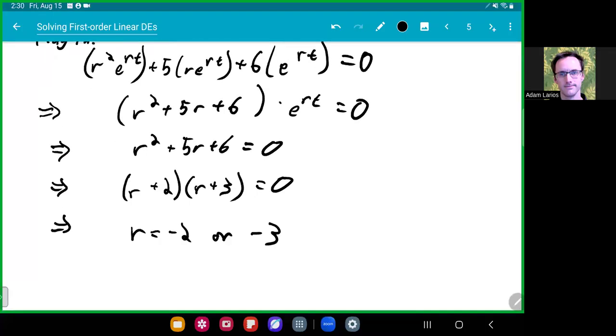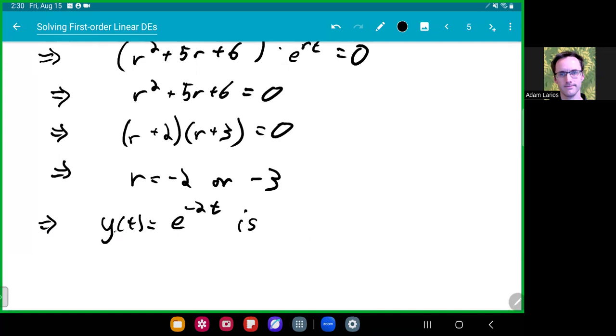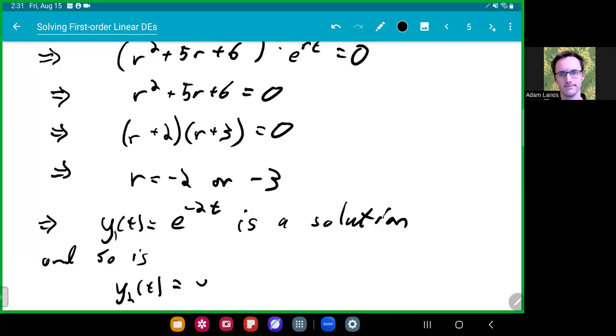Let's try these out. So this means that y of t equals e to the -2t is a solution. Maybe we'll call it y1. And so is y2 of t. And last time we verified that these are solutions.